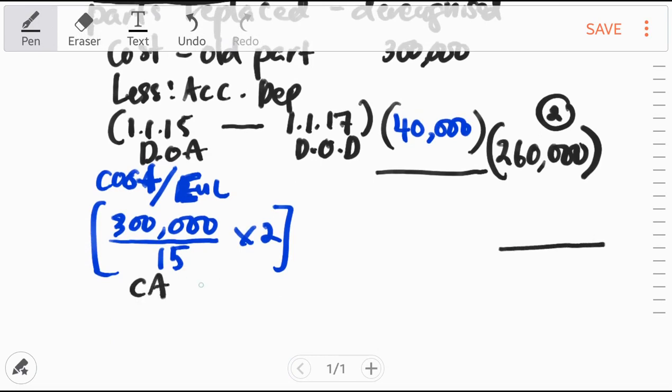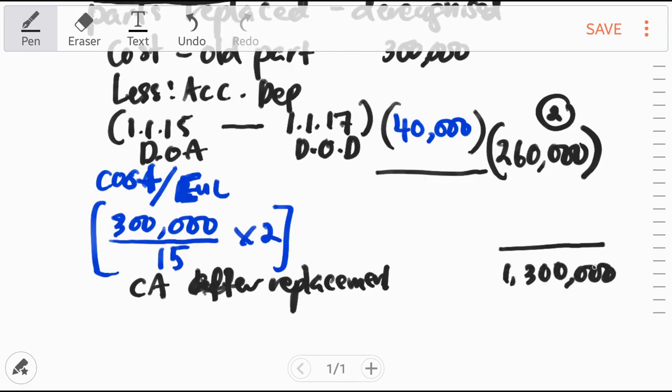So the carrying amount here is the carrying amount before. So the carrying amount after replacement is 1.3 million.